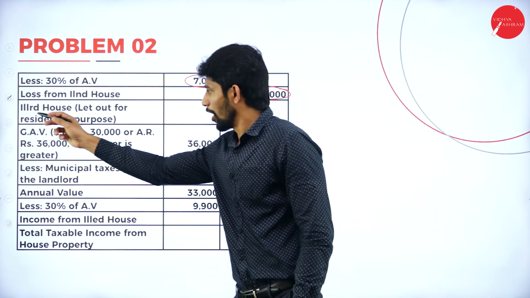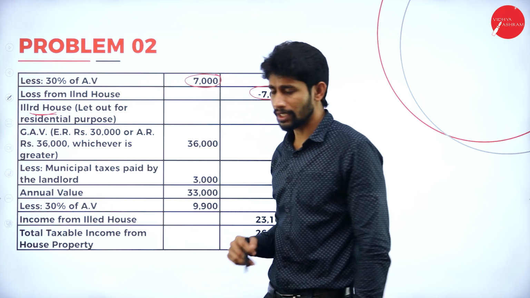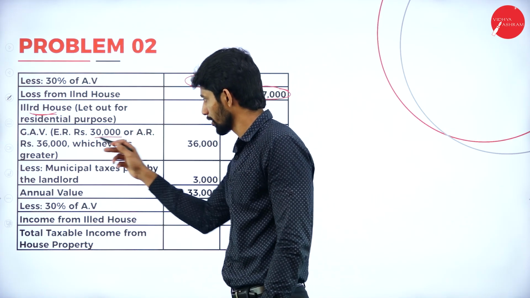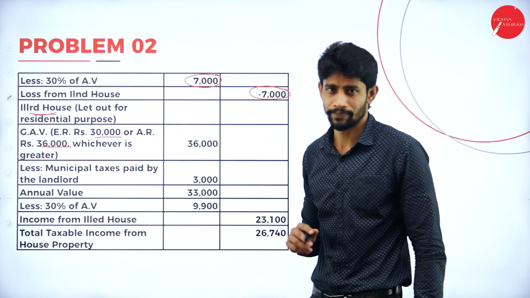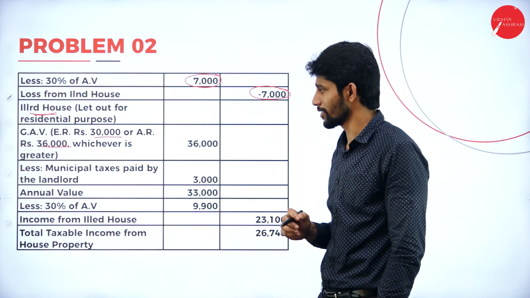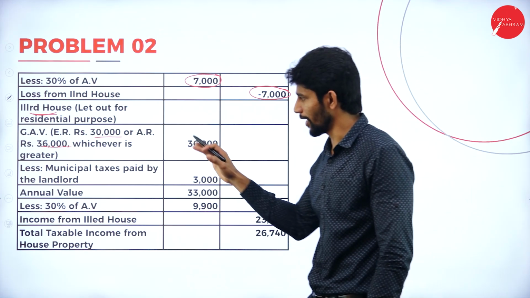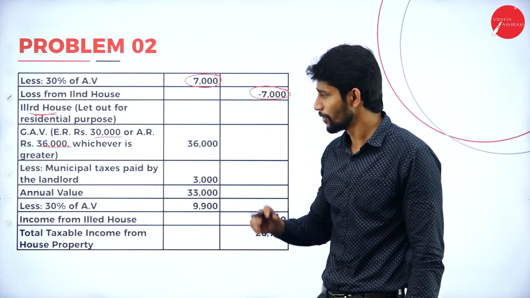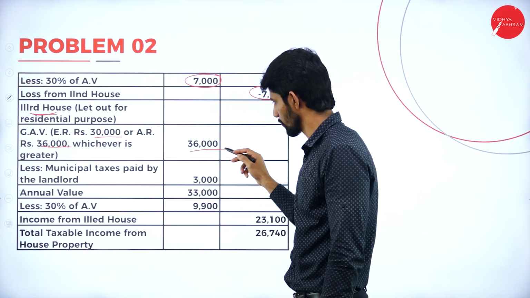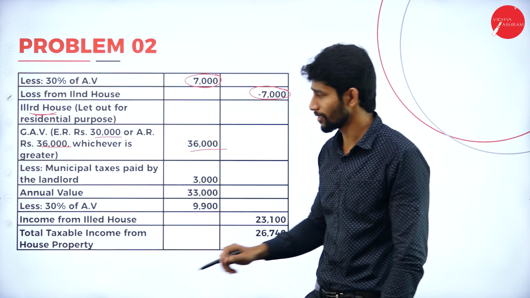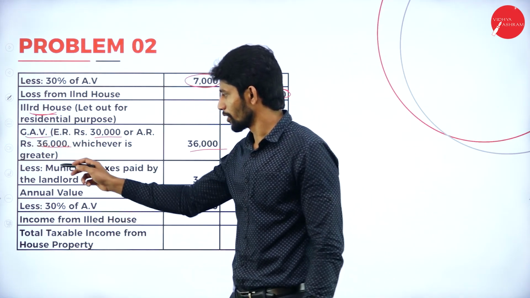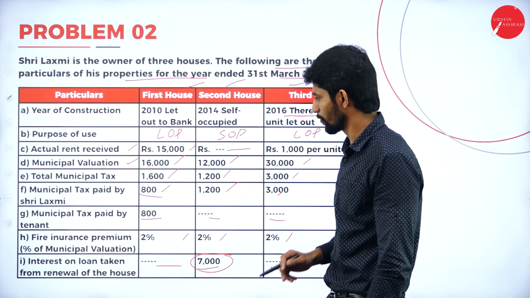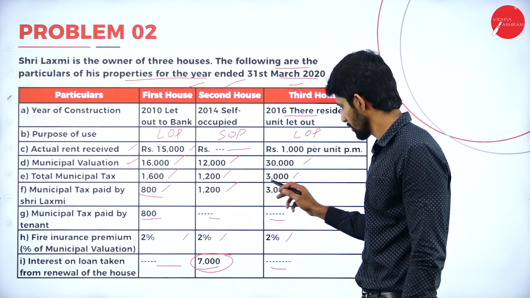Next, house 3, the third house, that is also let out. Between the two values, 30,000 and 36,000, whichever is higher, that is municipal value and actual rent, 36,000 is the highest value. This is called gross annual value. Less municipal tax paid by the owner, which is given in the problem: 3,000.